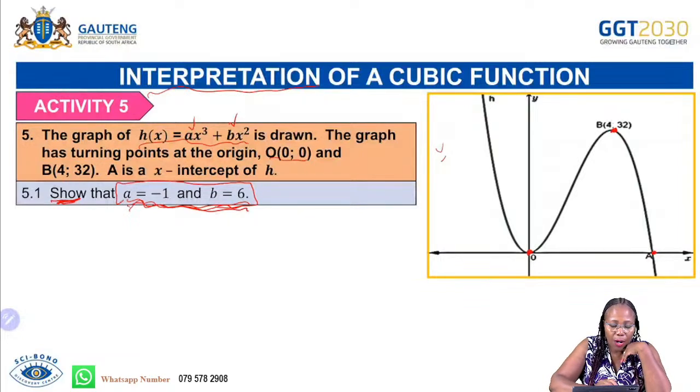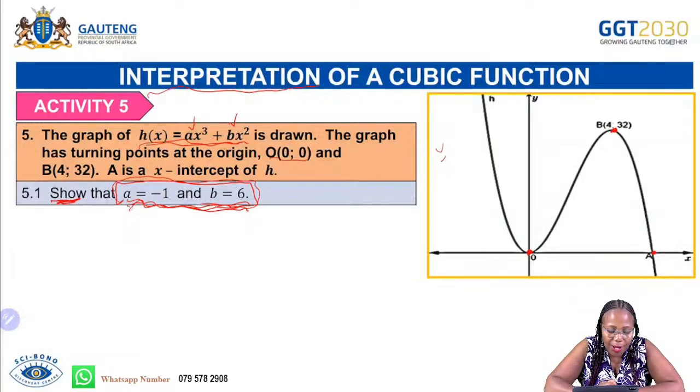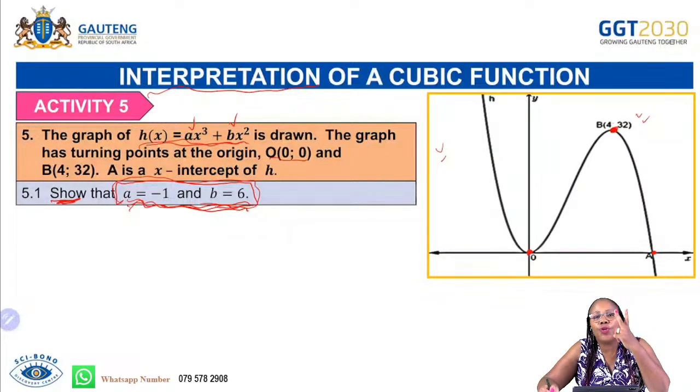Okay, so we are holding this now, putting it aside. We are depending on our equation and the given information to find the value of a and the value of b. So if we look at the diagram, we have a stationary point there, that is (4; 32). So we are going to depend on that point to assist us to have two equations because we have two unknowns.